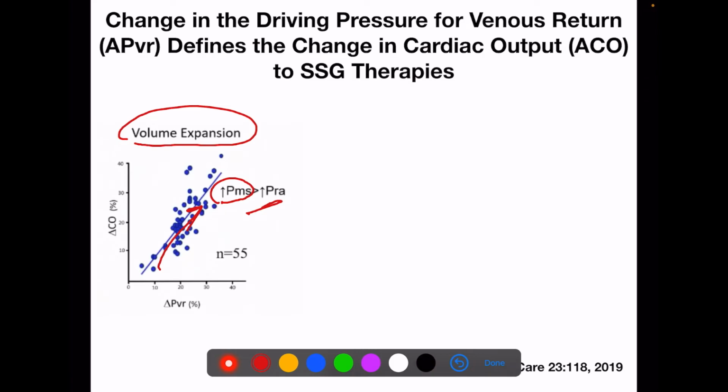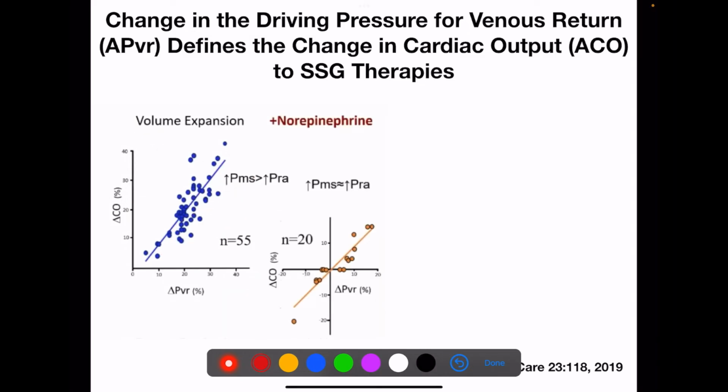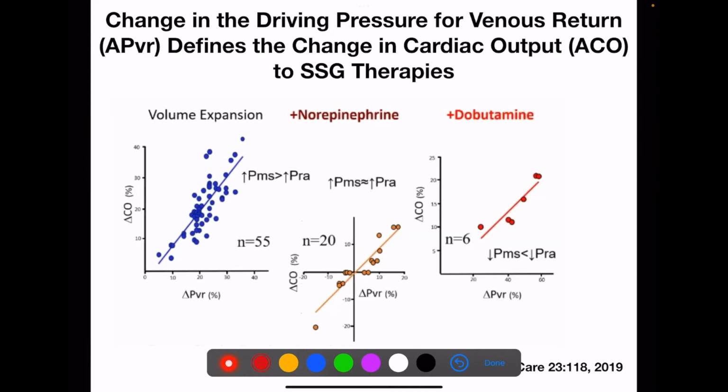However, some patients do not respond, and what they need is a vasopressor requirement. So how does vasopressor help? Vasopressor helps by increasing the mean systemic filling pressure by increasing the vasomotor tone, and this increase is more than the increase in the right atrial pressure, thereby improving the cardiac output. And finally is the dobutamine.